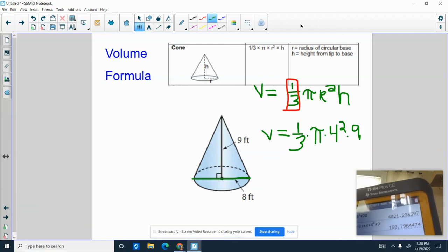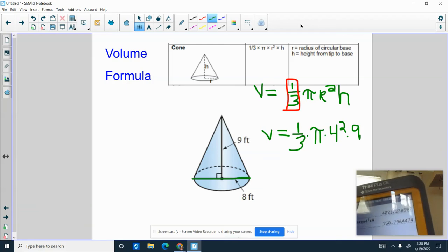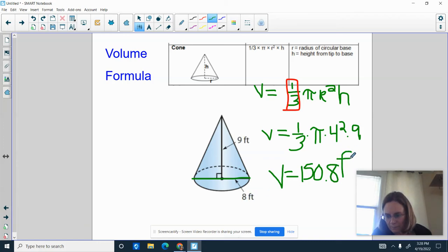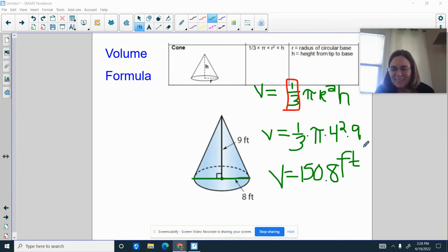So this would be 150.8 or 150 and 8/10. And I always use my units on volume. So this is feet, to the 3rd power. It's always to the 3rd power.